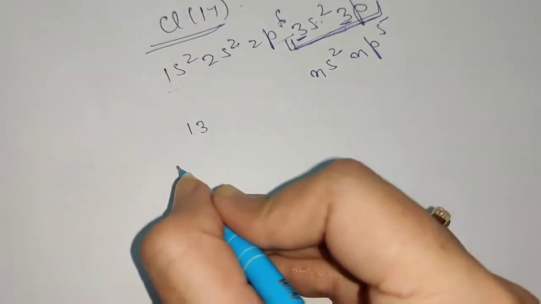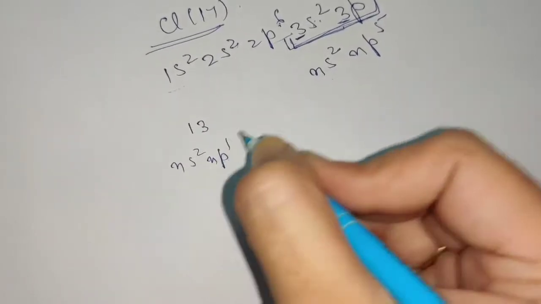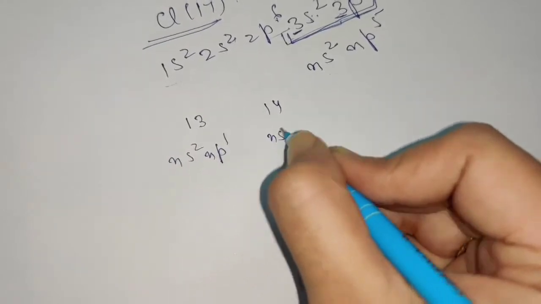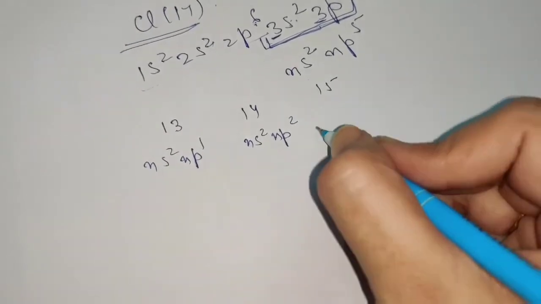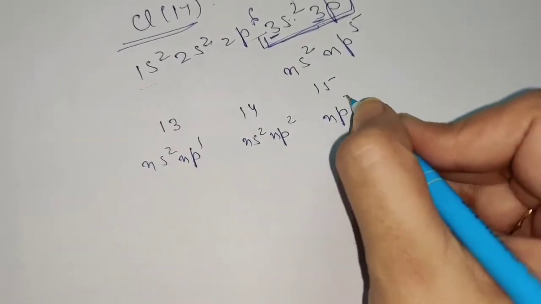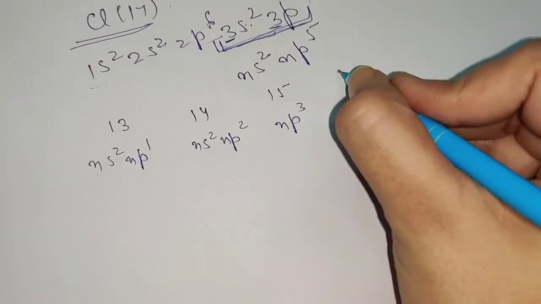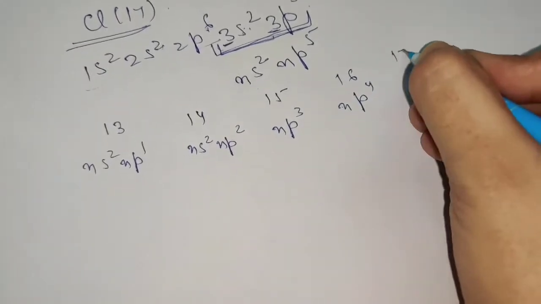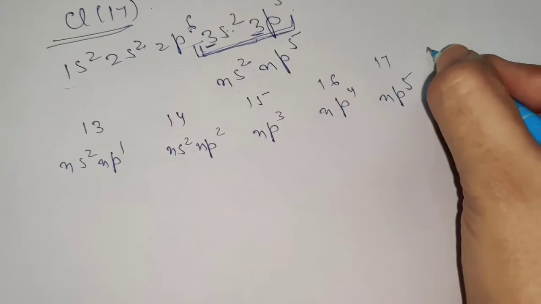For group 13 it is ns2 np1. For group 14 it is ns2 np2. For 15 it is np3. I'm not writing ns2 for each and every group. For 16 it will be np4, 17 is np5 as you saw here, and for group 18 it is np6.